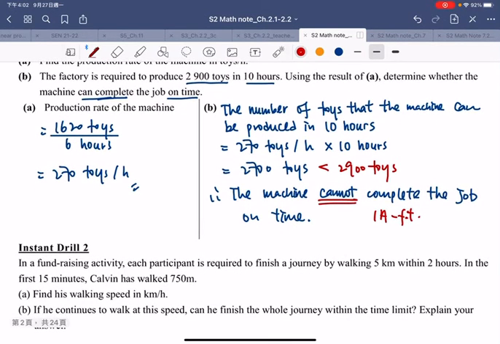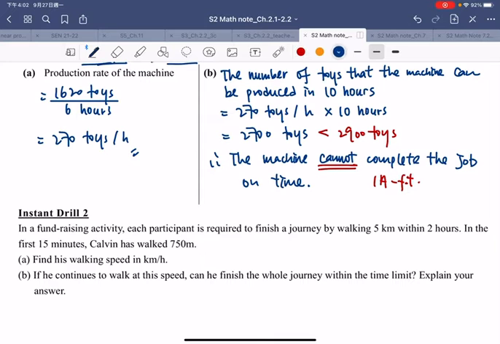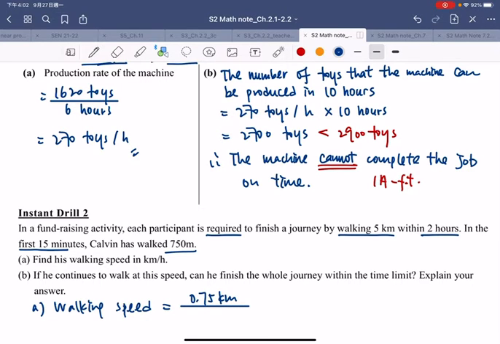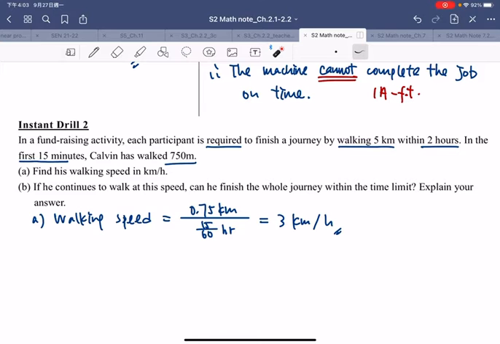So last question today. Please try in Ch.2.1. So part A is walking speed.